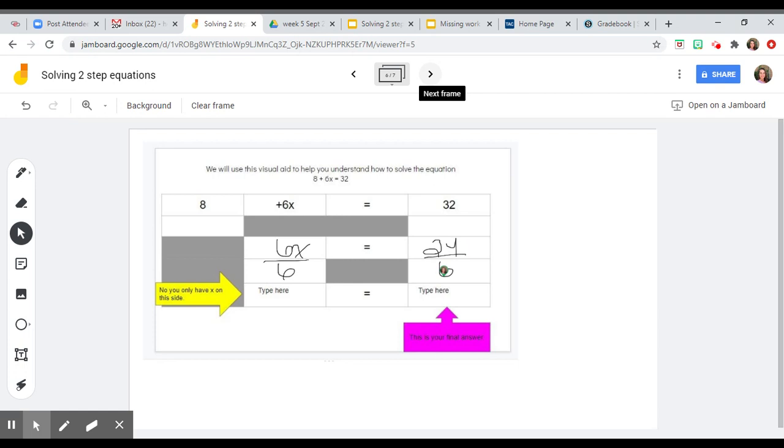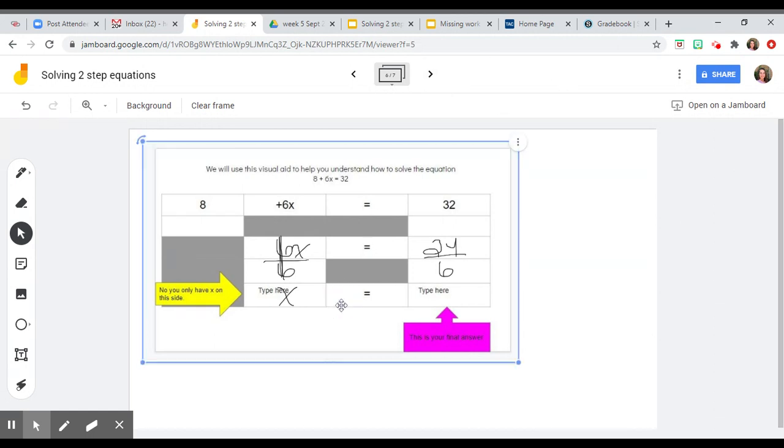We need to solve those out. 6 divided by 6 gives us the value of 1. That is x. 1x does not have to have a number in front of it because it is just that 1x. Then we still have our equal sign because our equation has not unbalanced. And then we do 24 divided by 6, which is 4. So our final answer is 4.